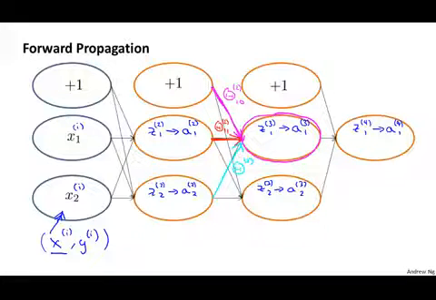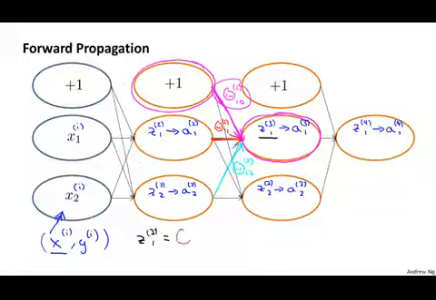So the way we compute this value z^(3)_1 is as equal to this magenta weight times this value, so that's theta^(2)_10 times 1, plus this red weight times this value, so that's theta^(2)_11 times a^(2)_1.